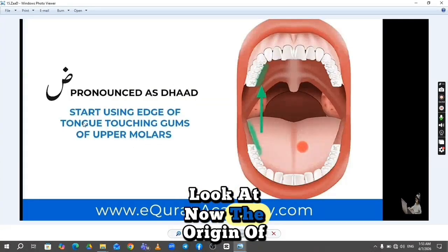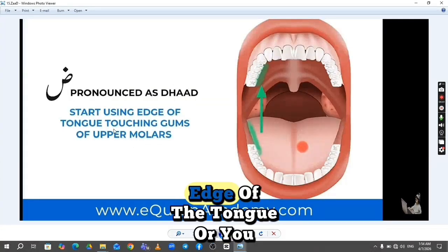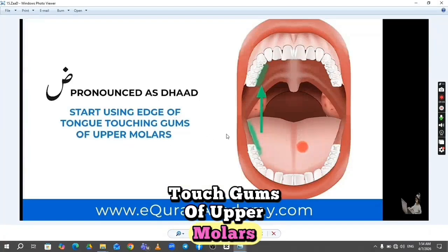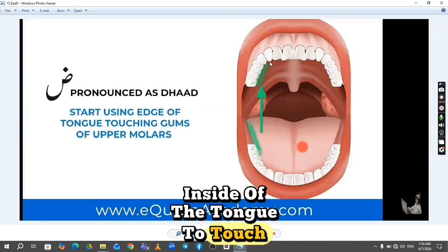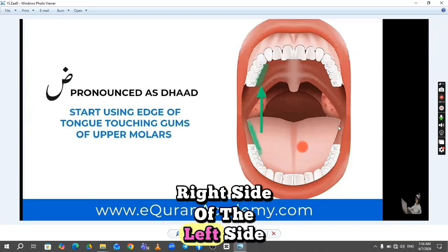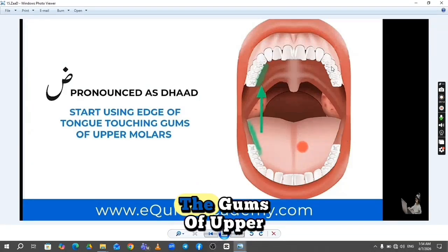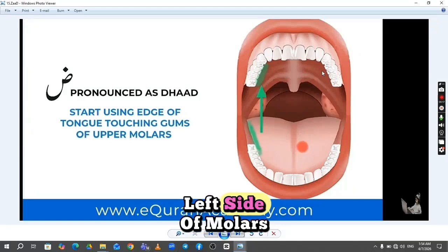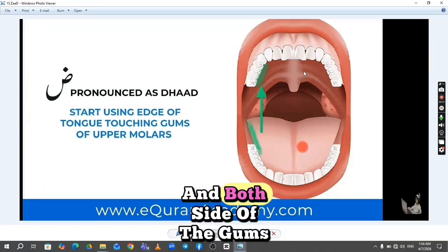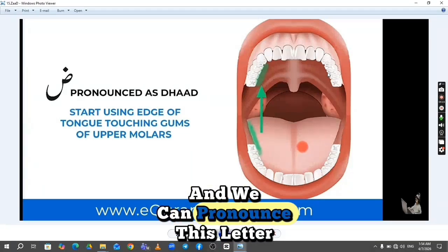Look at it now: the edge of the tongue, or you can say the right side of the tongue, touches the gums of the upper molars, and the same from the left side of the tongue touching the gums of the upper left molars. You can also use both sides and both sides of the gums, and we can pronounce this letter.